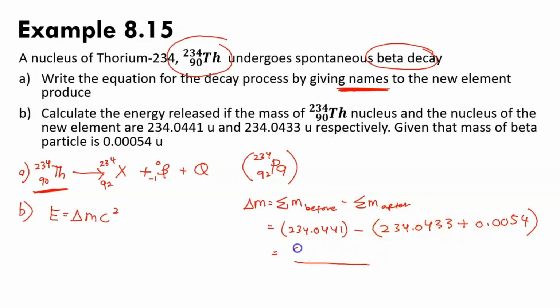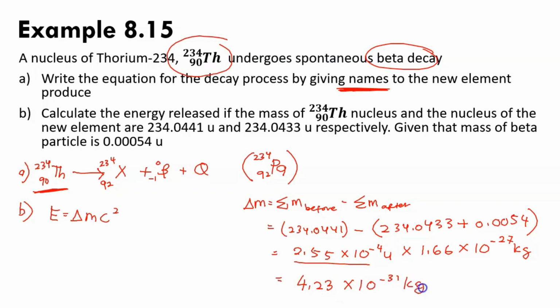We will get 2.55 exponent negative 4 u. Convert it into kilogram times 1.66 exponent negative 27 kilogram. Then you will get the mass is 4.23 exponent negative 31 kilogram.